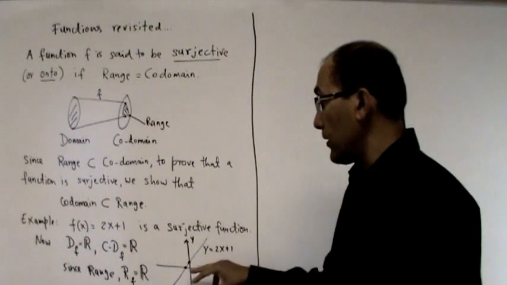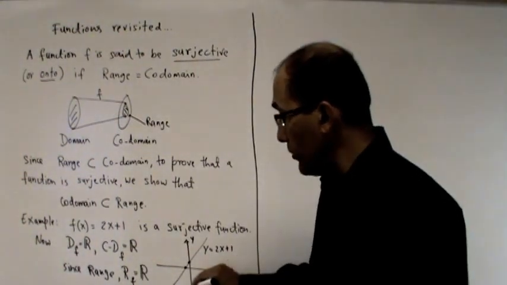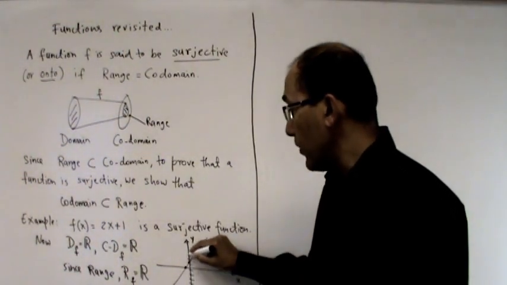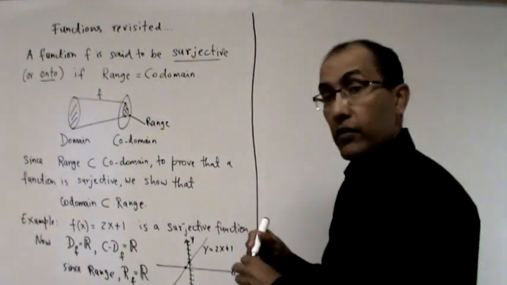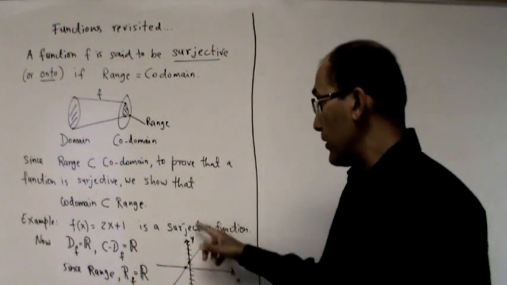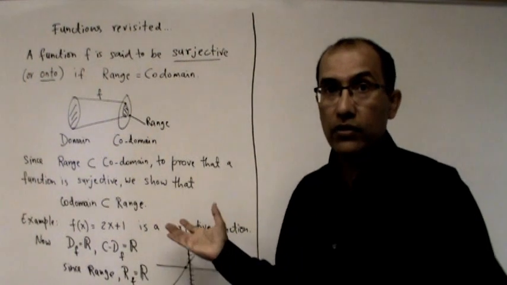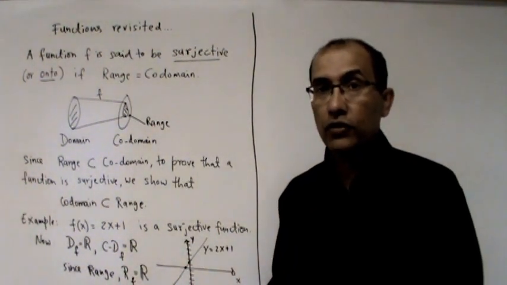You can see in the diagram that the range is equal to the codomain, so that's a surjective function.